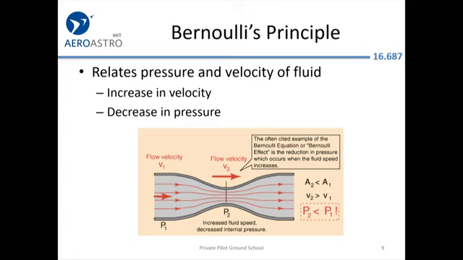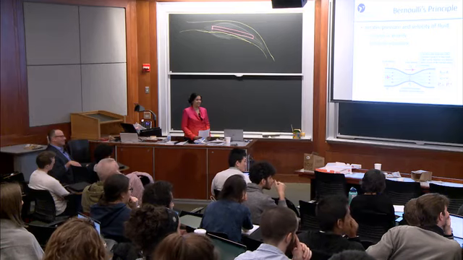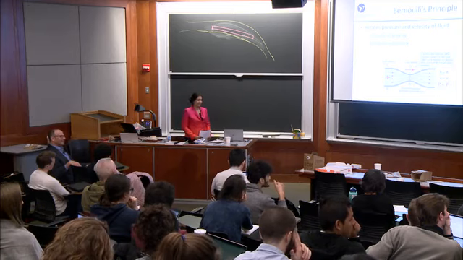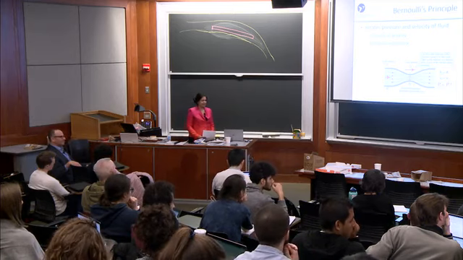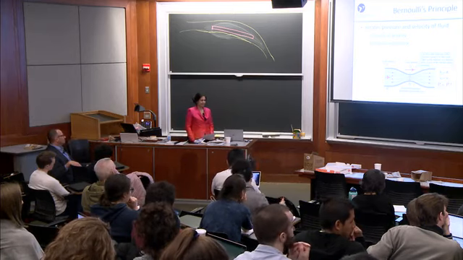Yes? It's like P plus 1/2 of mv squared equals constant. So when the pressure goes down somewhere, the speed of the particle has to go up. Yes, absolutely. So what Bernoulli observed was that when there is a decrease in pressure, there's an increase in velocity. That's the core concept that you have to understand.